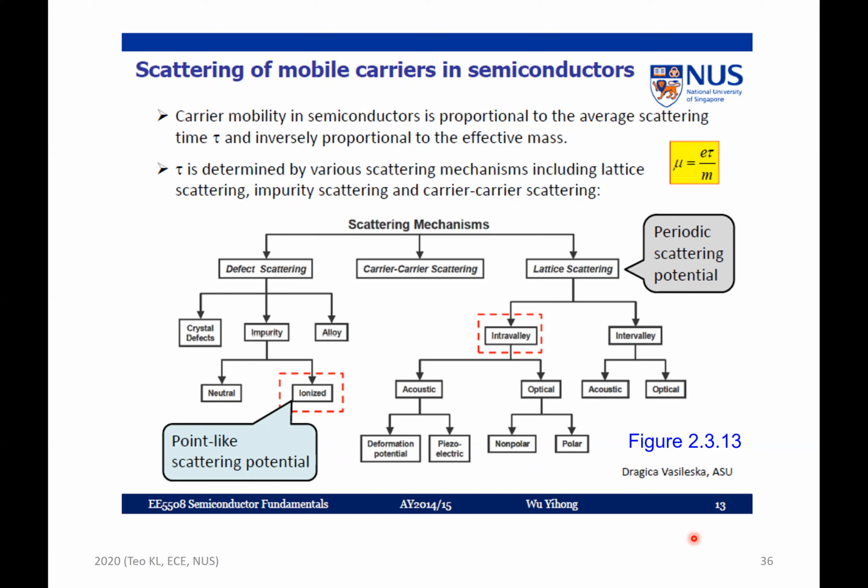So as your electron travels inside the semiconductor, it will be scattered by all this lattice vibration, or we can say that the atoms are vibrating about their equilibrium position. So we call that the lattice vibration. So the electron will have to interact with all this lattice vibration and get scattered.